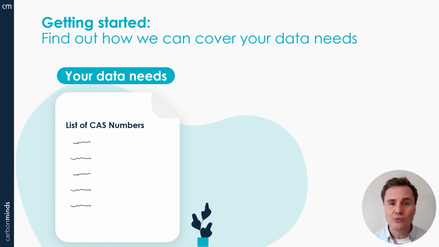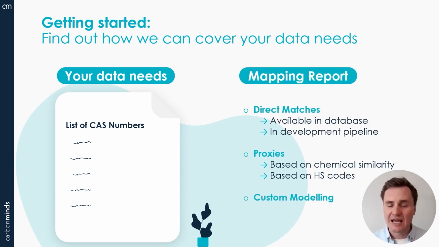And we will map this with our database, with our proxy suggestion engine, and we will come up with a full mapping report where we show you exactly which substances we can cover directly with processes in our database, or which processes we can deliver on very short notice because they are already in our development pipeline.